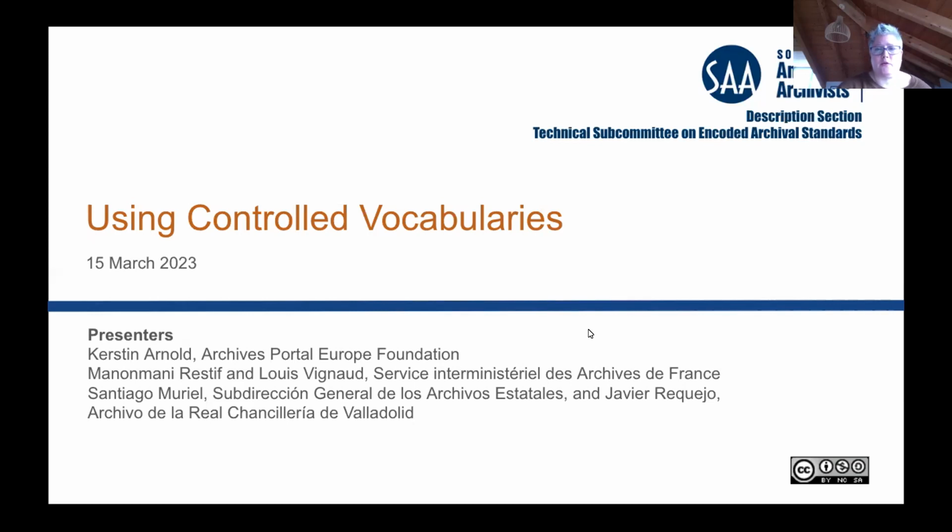And I'm going to be joined for this by my colleagues Manonmani Restif and Vignaud from the Service interministériel des Archives de France. And from Spain, I will be joined by Santiago Muriel from the Subdirección General de los Archivos Estatales, and by Javier Requejo from the Archivo de la Real Chancillería de Valladolid.